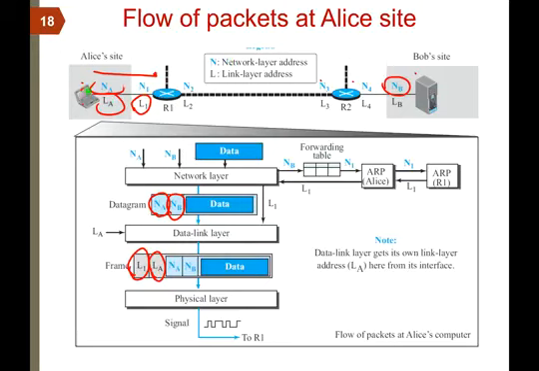So first you go from this node to this node. So you need first the link layer address of this node so that you can do the communication, and then you send it to node 1, and the process will be repeated until you go to the final destination.